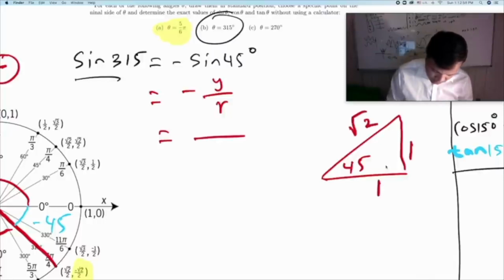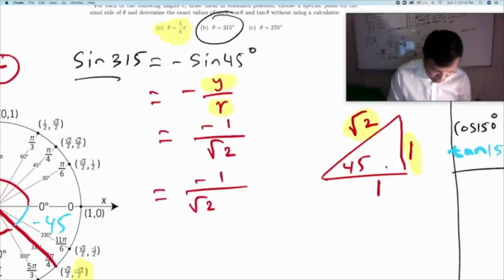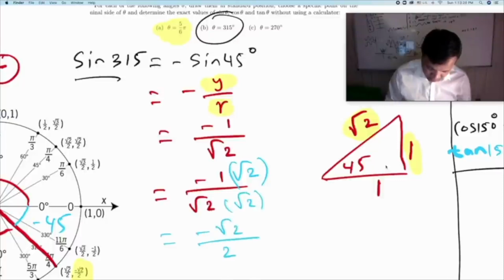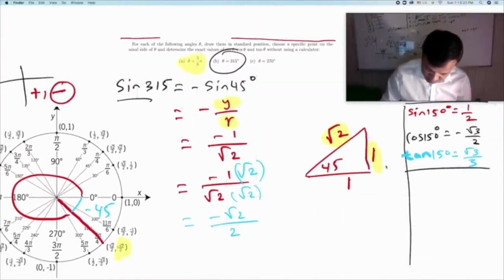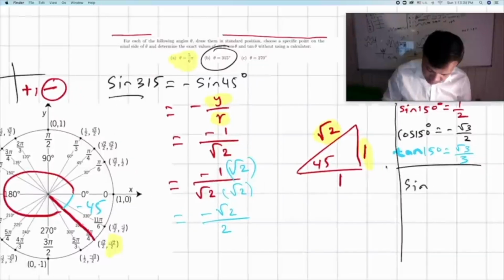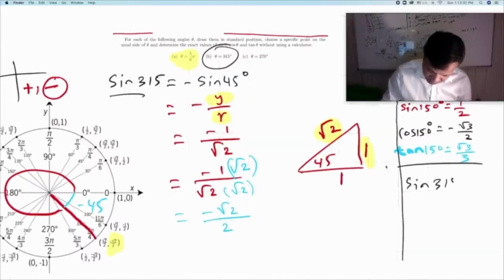Now my y is negative 1, and r is square root of 2. I want to rationalize it by multiplying top and bottom by square root of 2. So negative square root of 2 over 2. So sine 315 is equal to negative square root of 2 over 2.